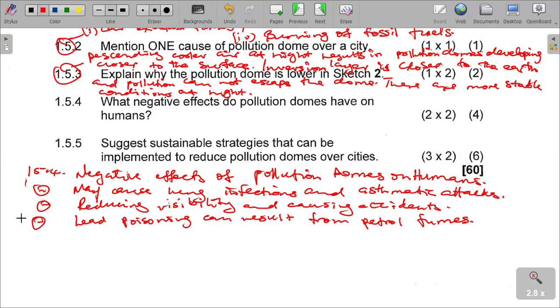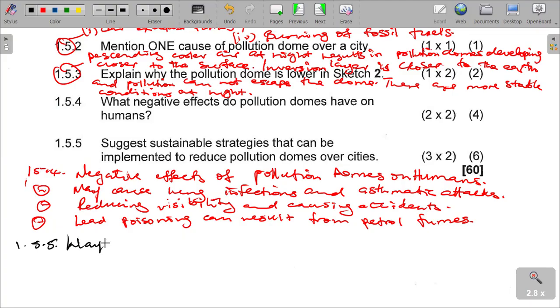And then 1.5.5, question: suggest sustainable strategies that can be implemented to reduce pollution domes over cities.